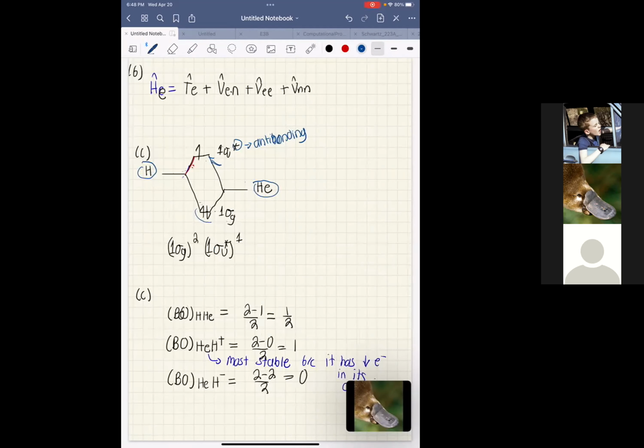So He2 plus is basically the same thing, but it's without 2 electrons. So they only have 1 electron, yeah, it's just 1 electron here.